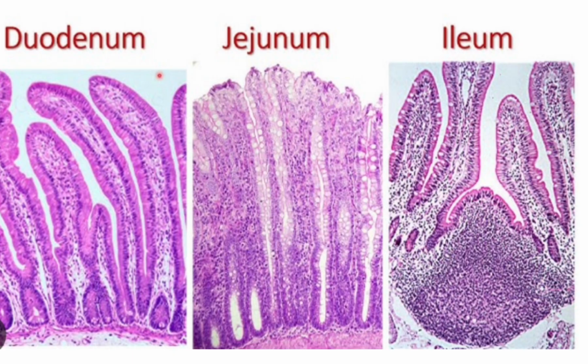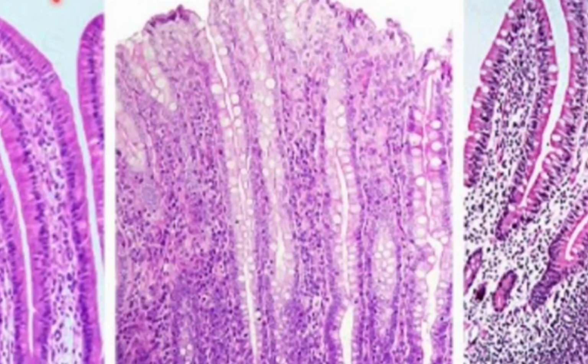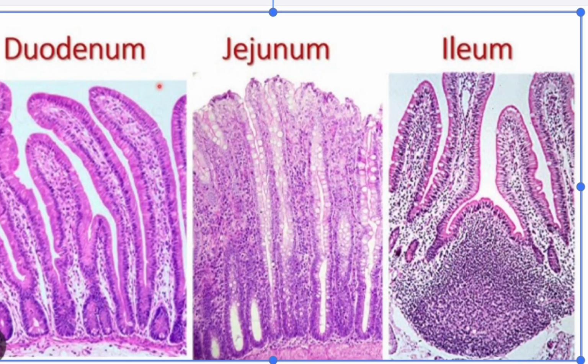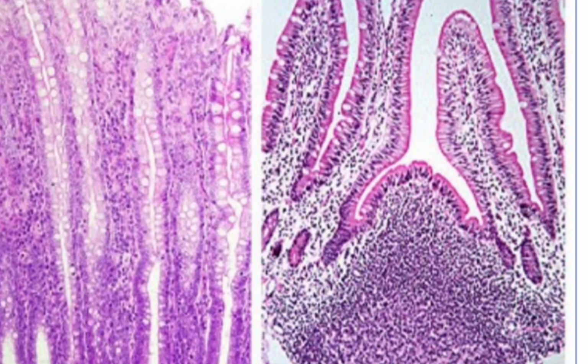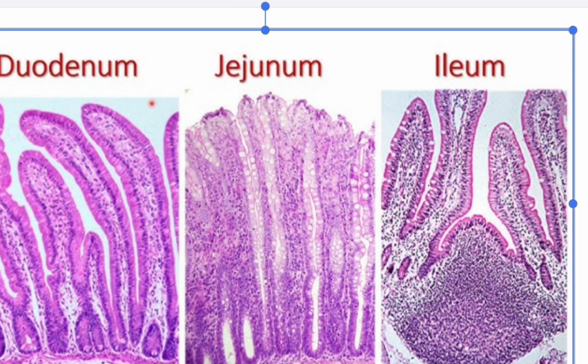However, the amount of goblet cells starts increasing, and the lymphatic follicles or the Peyer's patches go on increasing as we go down. So size and number of villi decrease, but what increases are the number of goblet cells and the Peyer's patches.